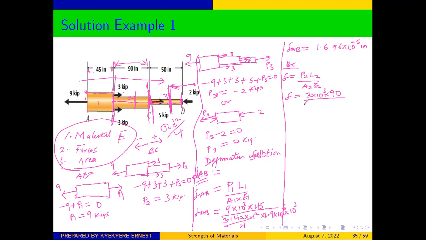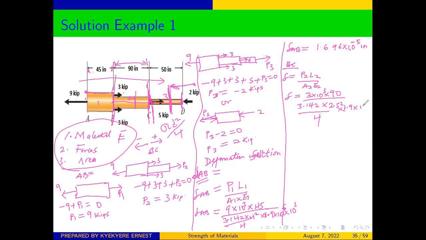90 over our area, which is 3.142 times the diameter of the second section. The diameter there is 2.5. We have 2.5 squared all over 4 times our modulus of elasticity, which is 1.9 times 10 to the power 6.